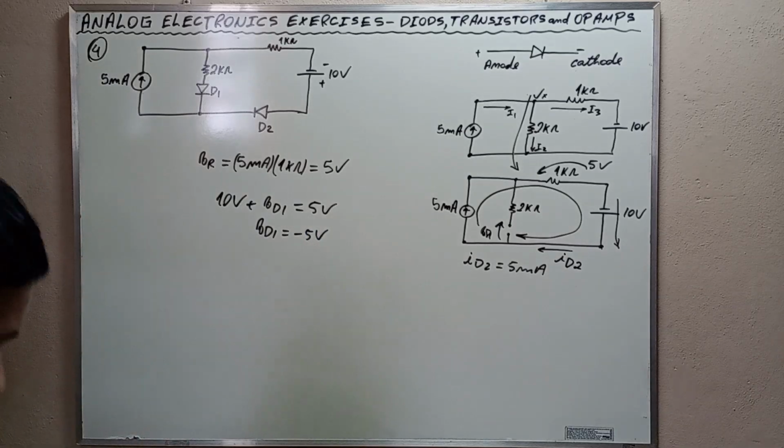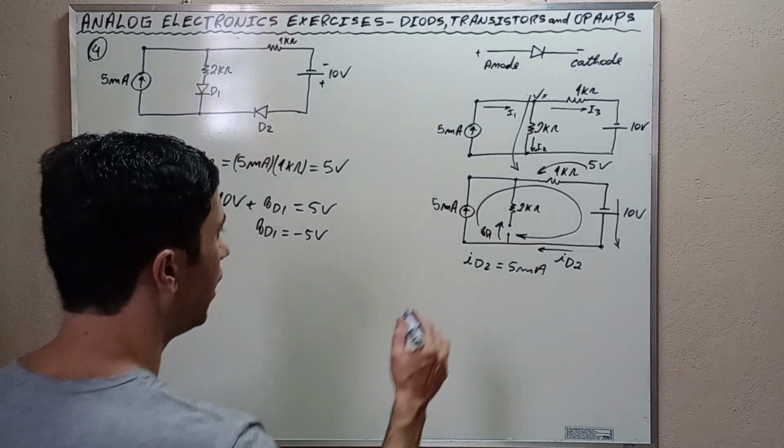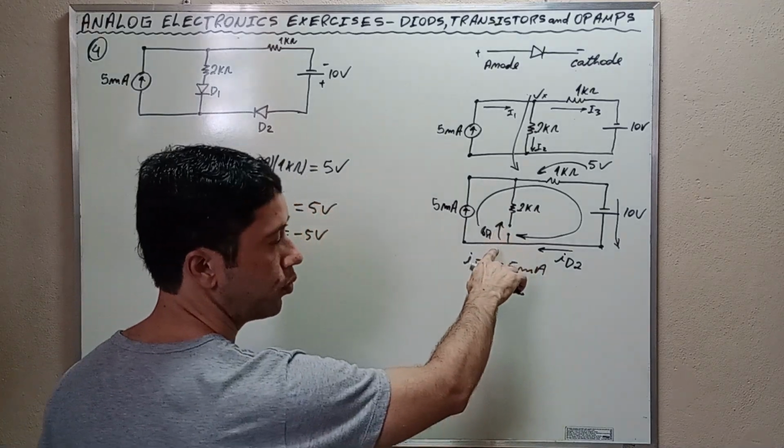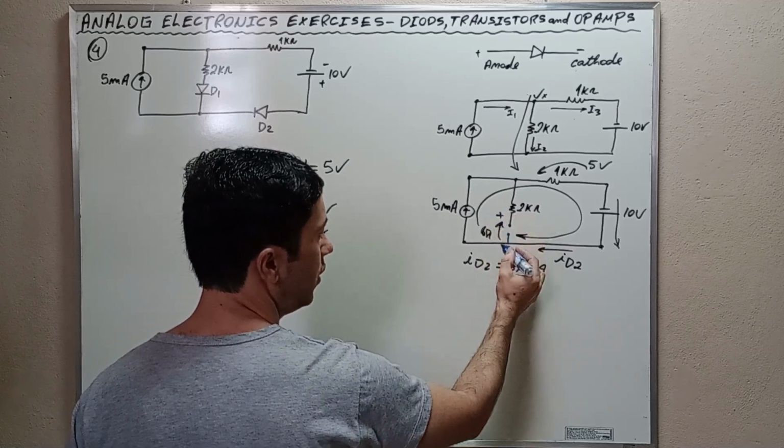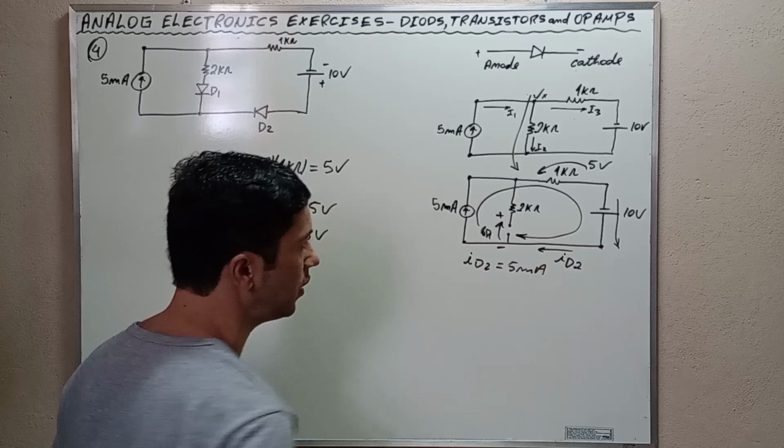And what does it mean? With VD1 equal to negative 5 volts, we conclude that its cathode is higher in potential than its anode. When we put the arrow this way, we are supposing that here is higher in potential than here.